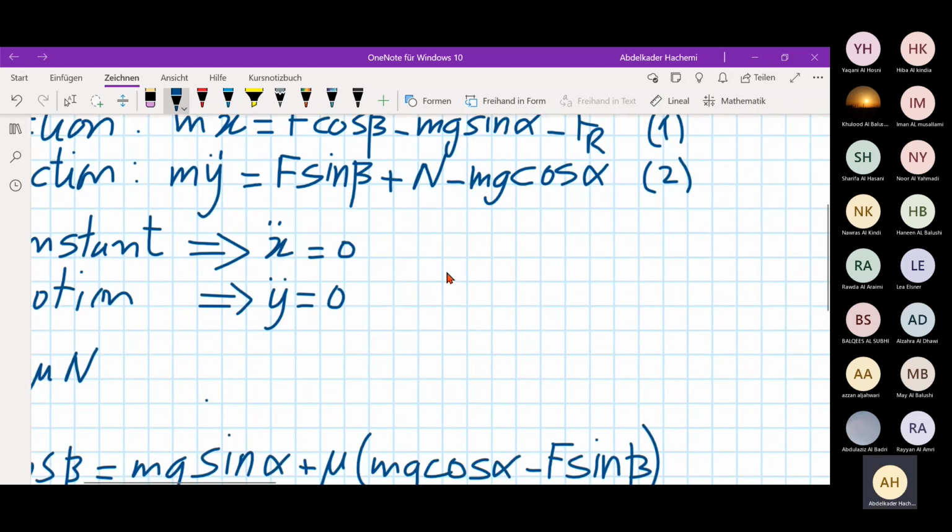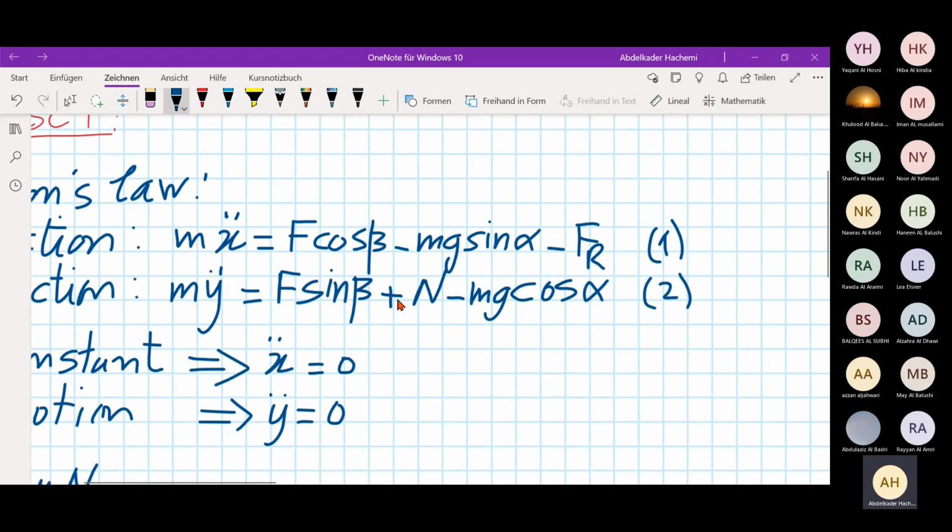Now what we have here, F sine beta, then we have N here, and we can get it from this equation. It's only mg cosine alpha minus F sine beta. And we have here Fr from this equation, Fr is mu n, and we get it from this equation too.